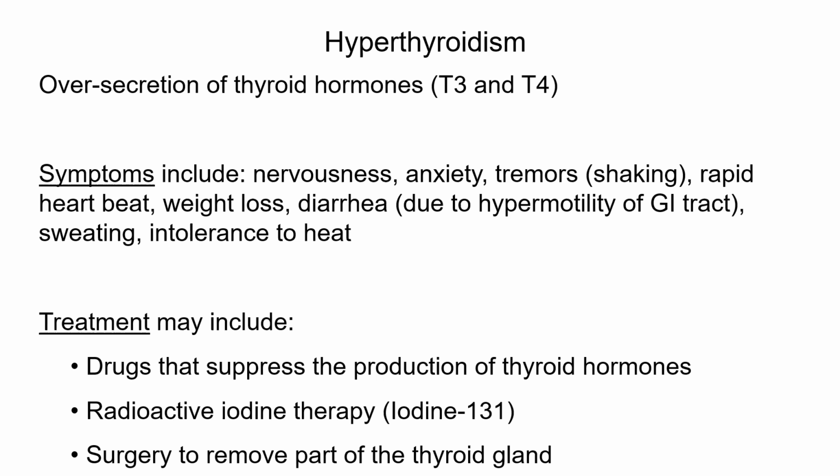It is a little more difficult to treat because now we have the situation where we have too much T3 and T4, and how do we bring those circulating levels down? So treatment might include drugs that inhibit the synthesis of thyroid hormones in the thyroid. It might include radioactive iodine therapy. And so this piece of radioactive iodine is implanted in the thyroid gland or delivered to the thyroid gland.